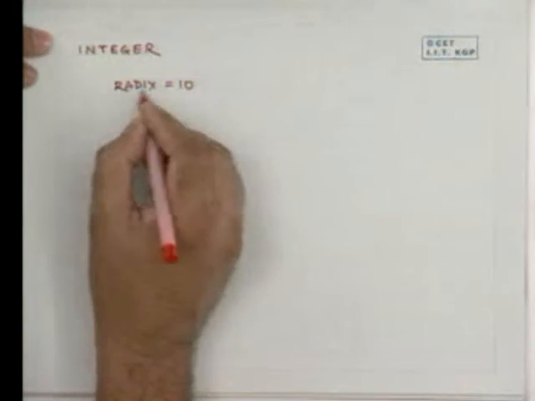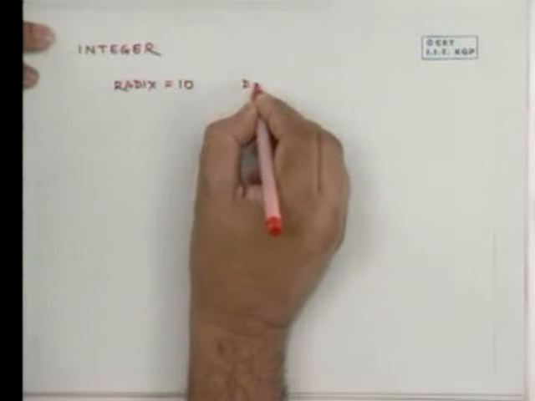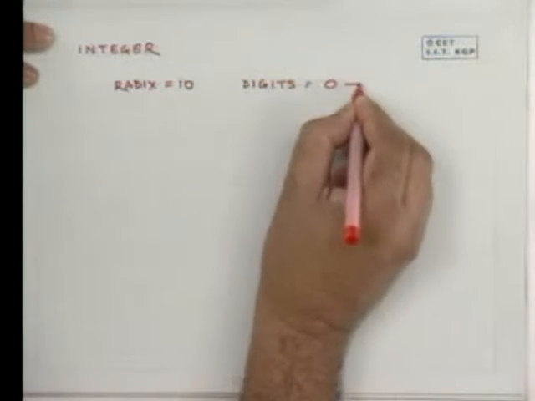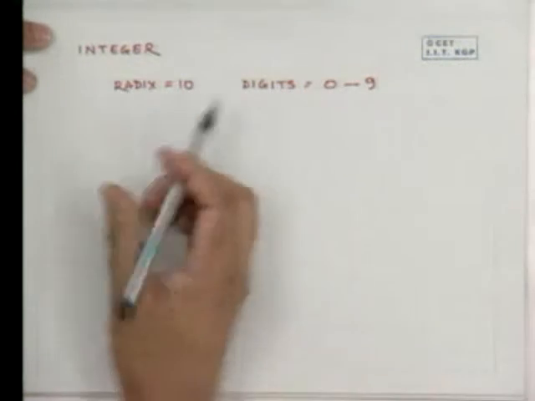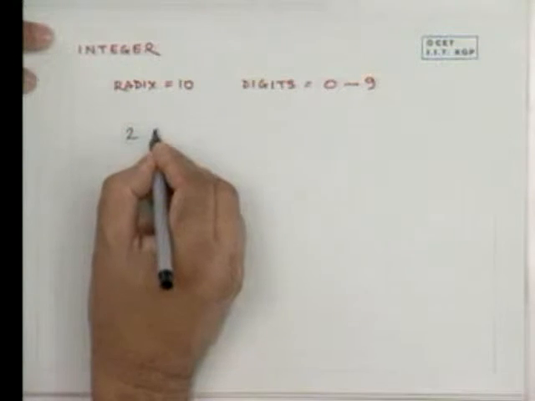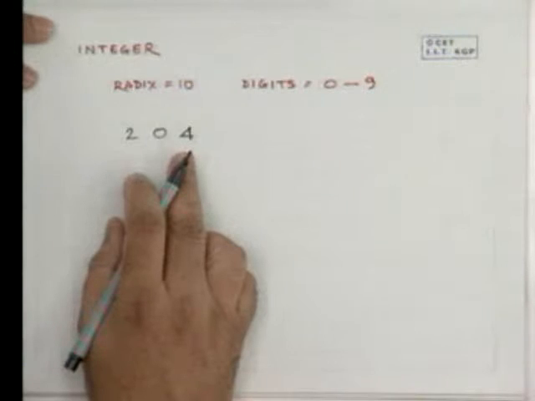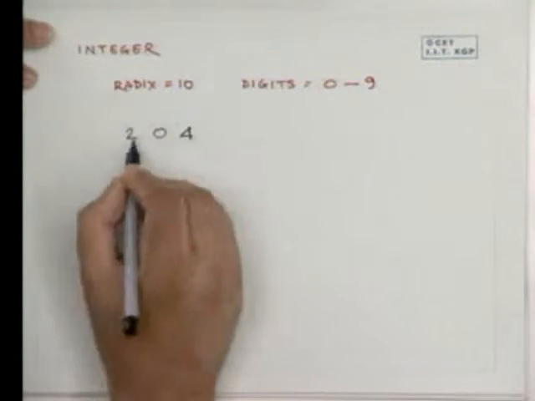is 10. By radix we mean there are 10 digits. The digits are 0 to 9. When we represent a number, say 204, this essentially is a positional number system. By that, every digit position has a weight.